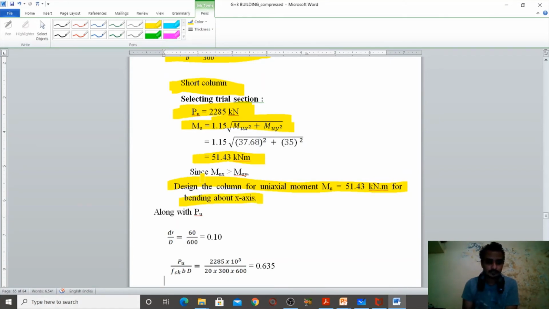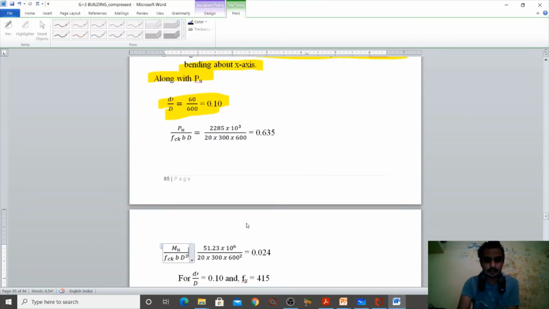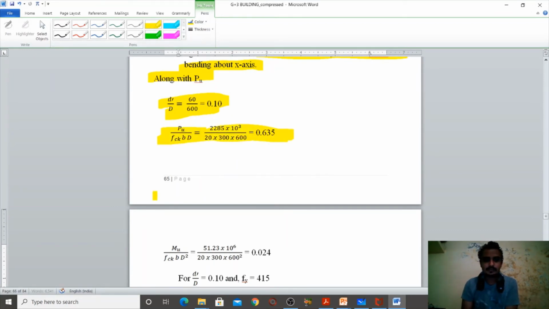So we take D dash by D, 60 by 600, which is equal to 0.10. PU by FCK BD is 2285 into 10 raised to 3 divided by 20 into 300 into 600. So PU value is 0.635.